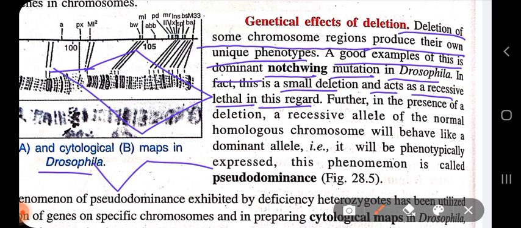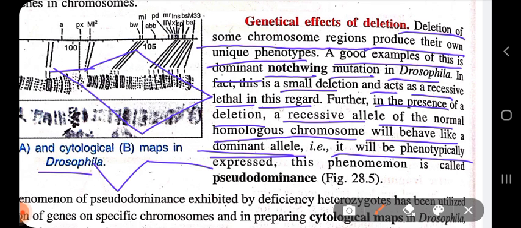Now, one special thing can also occur in the presence of deletion. Sometimes the recessive allele of the normal homologous chromosome will try to behave like a dominant allele. Suppose the allele for the phenotype that was going to be expressed is deleted. Then the recessive allele present on the same homologous chromosome will try to behave like a dominant allele.